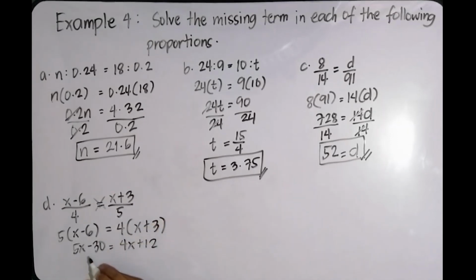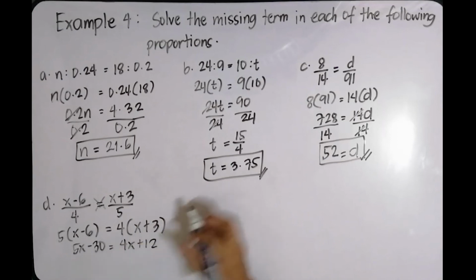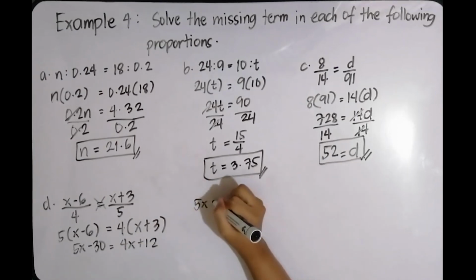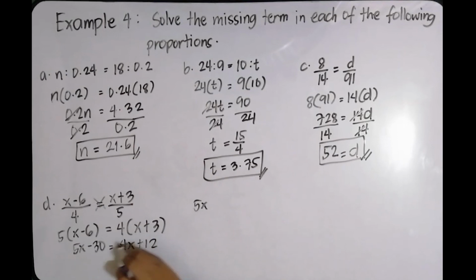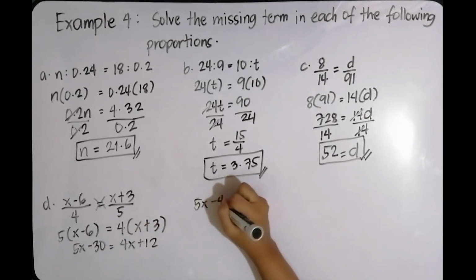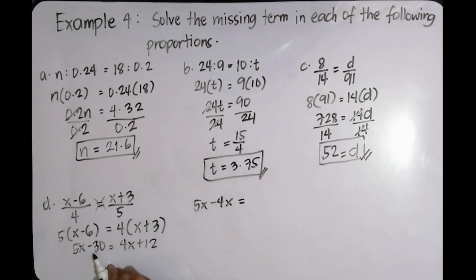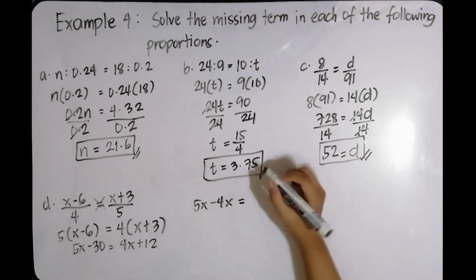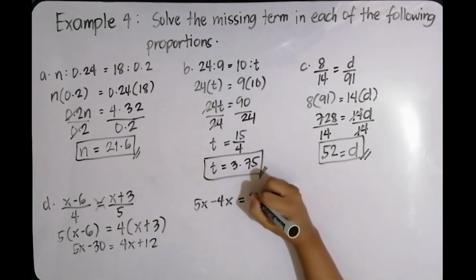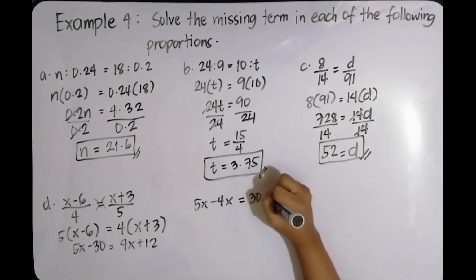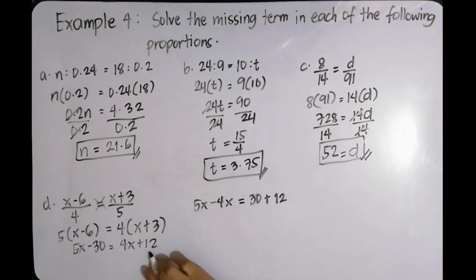So let's combine similar terms. We have 5x, transpose 4x to the other side. So we'll have 5x minus 4x equals, then we have negative 30 here. Transpose to the right side, we'll have positive 30. Then plus 12, the remaining 12 here.